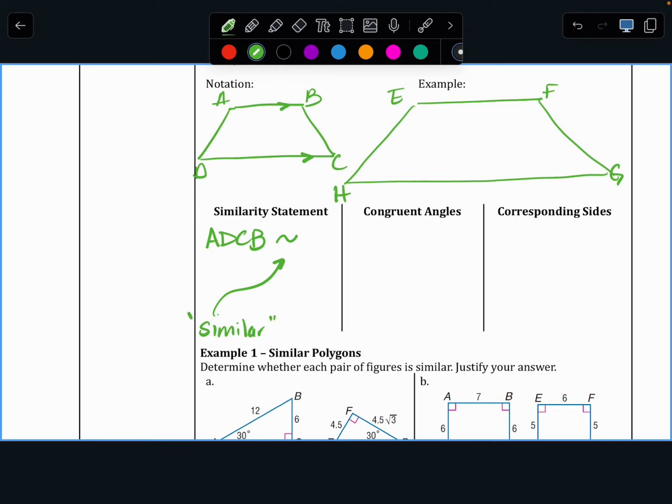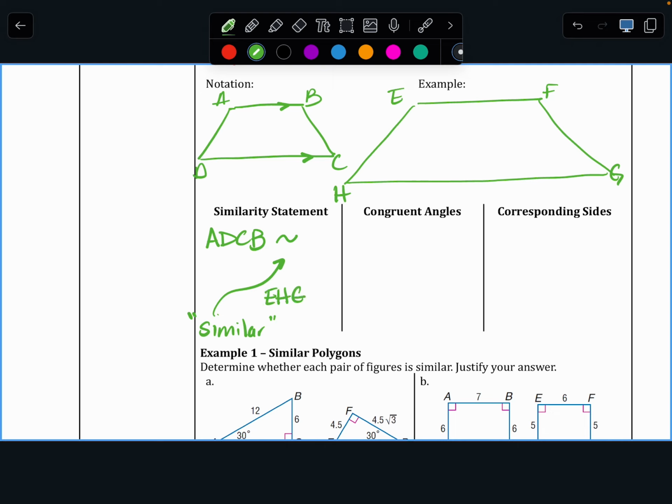So one little squiggle means similar. So now, Daniel, you name the second one in the same order. Not yet? All right. Malia, can you name the second one? If Owen said A, D, C, B, how do we name the second one in the same order? Yep.